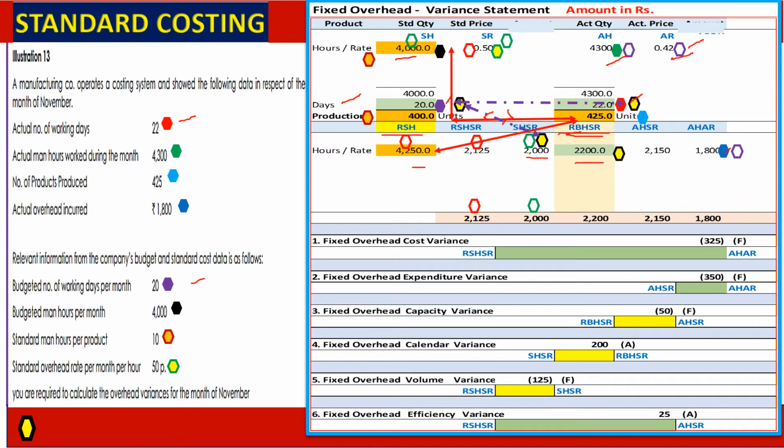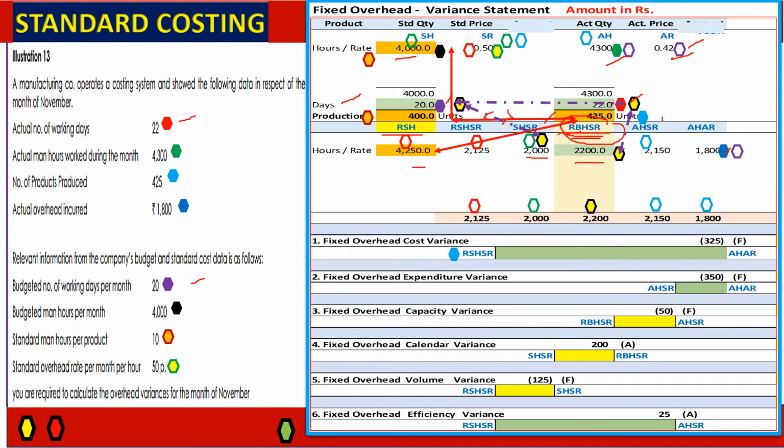This is one item we will be introducing in between SHSR and AHSR and creating a gap. And once we do that, it is simple. Put the total, go to AHSR, AH 4300, SR is 50, 2150. AHAR is already given, 1800. From now onwards, it is a matter of recognizing this new element of RBHSR and proceeding further.